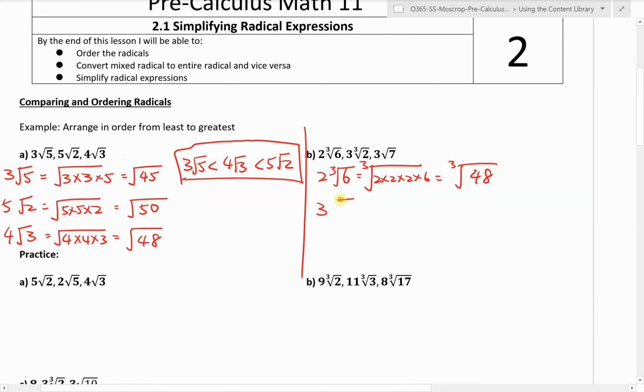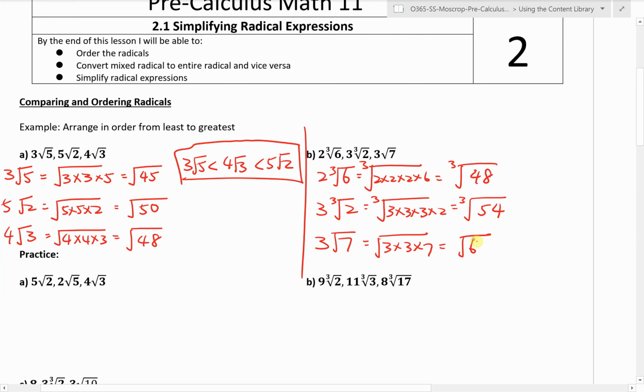We have 3 times the cube root of 2, and this really is the same thing as cube root of 3 times 3 times 3 times 2, and that's 27 times 2, so 54. Finally we have 3 times root 7. This is simply square root of 3 times 3 times 7, which is 63.